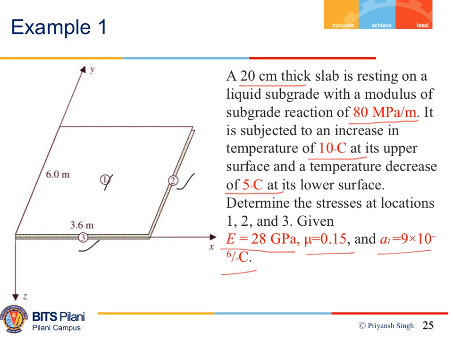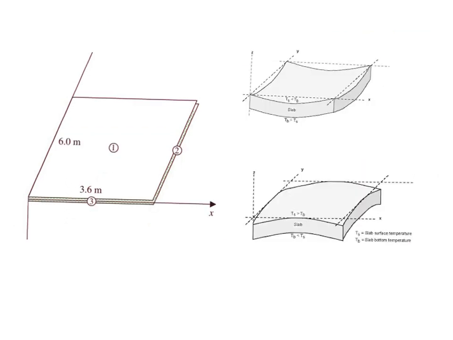You already know, due to the difference of the temperature between the top portion and the bottom portion of the rigid pavement slab, the pavement slab will warp. Let's see how it's going to happen. If you have changes in the temperature, you might get some tension stresses in both directions at the center and on the edges in one direction.